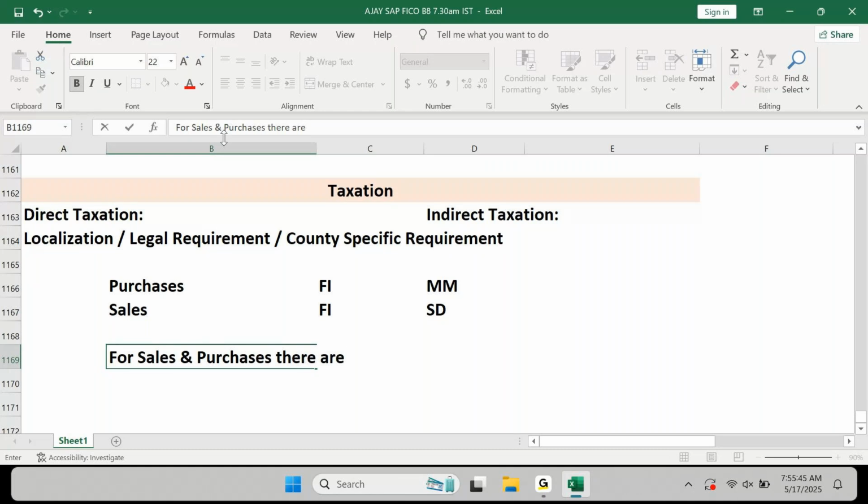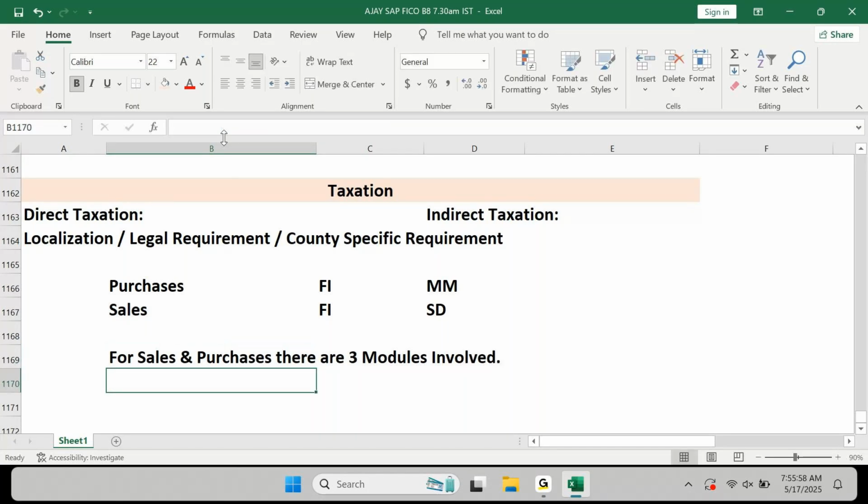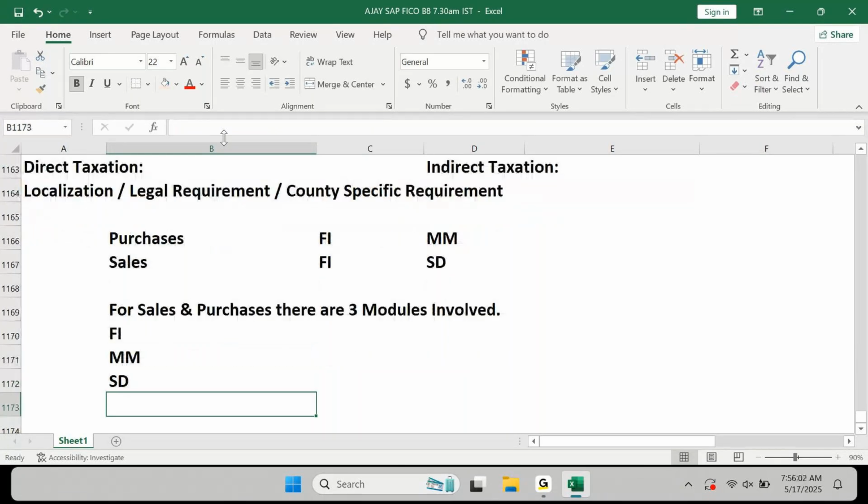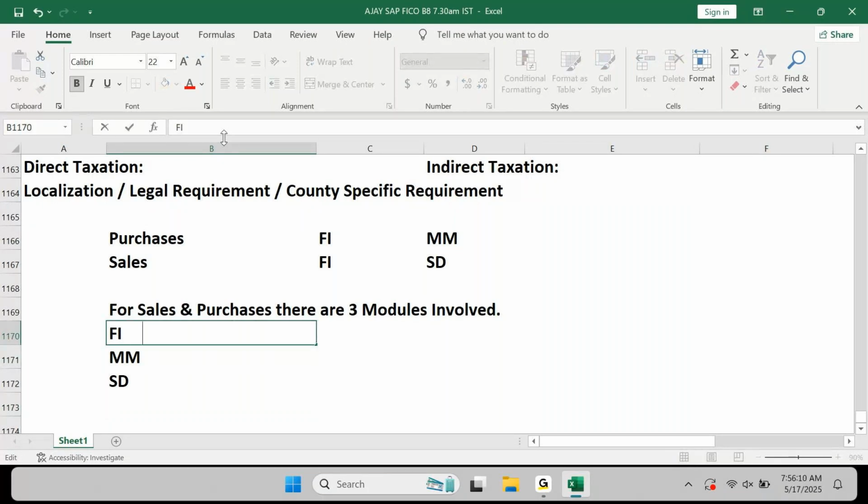Now, for sales and purchases, how many modules are involved? Three. FI, MM, SD. Now you have taxation. FI taxation is there.